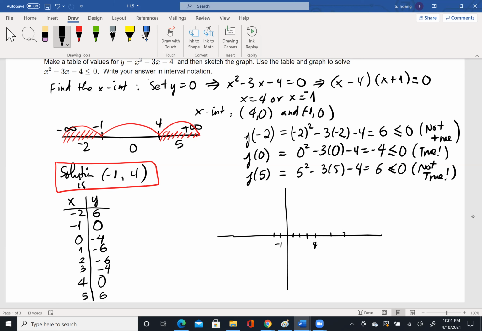And then 1, 2, 3, 4, 5, 6, and -6 here. At 1, I have a point over here. At 2, I have another point over here. At 0, I will get -4. At -1, I have 0. At -2, I have 6.